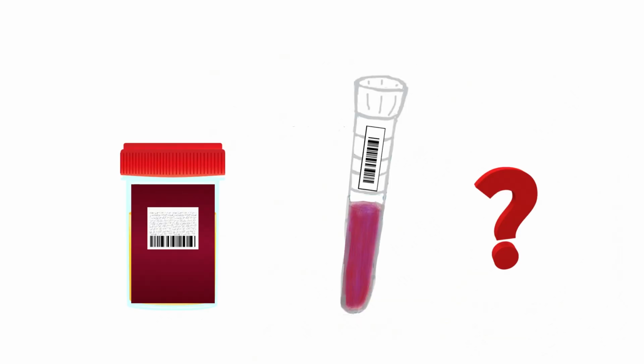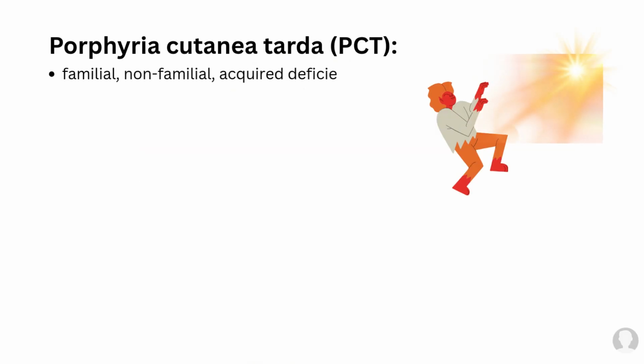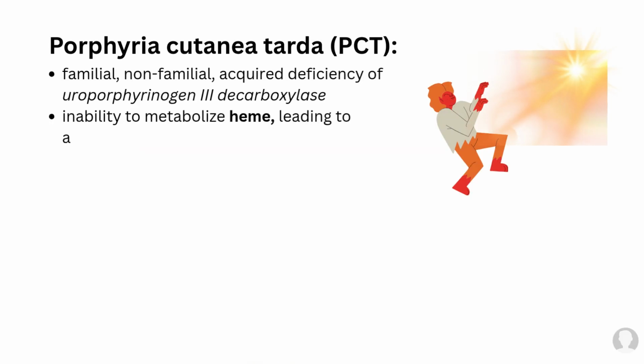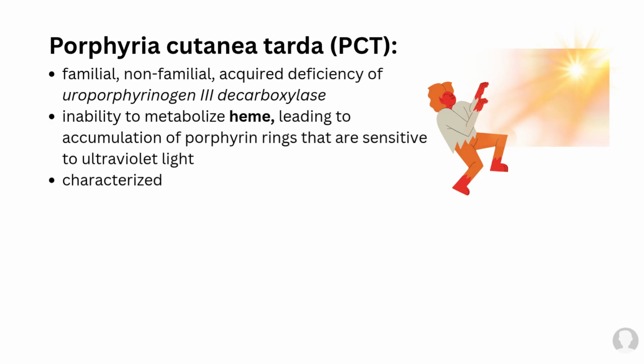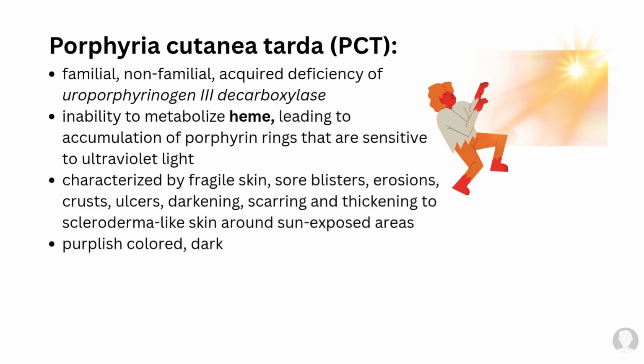What can cause a dark burgundy red color? Some people with porphyrias have a characteristic port red wine urine color. The porphyrias are a group of inherited metabolic disorders caused by mutation of genes coding for certain enzymes involved in heme synthesis.